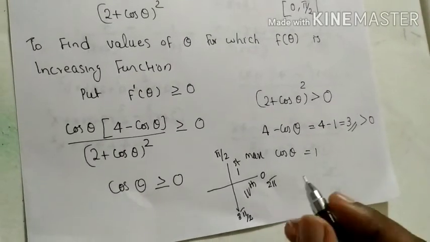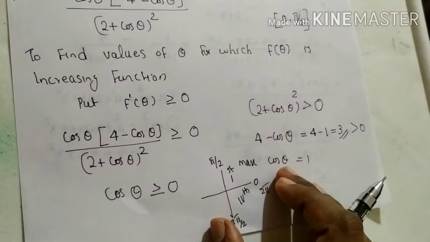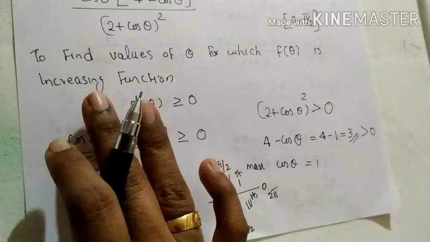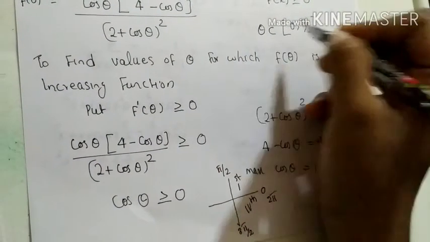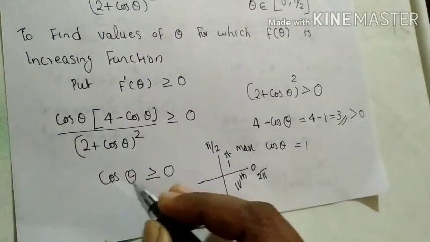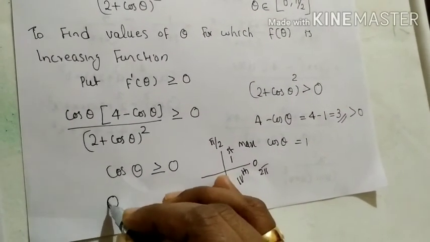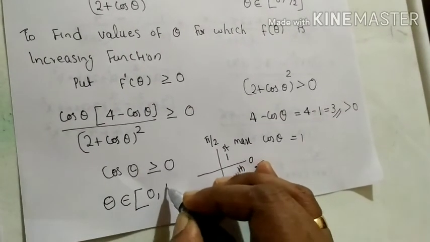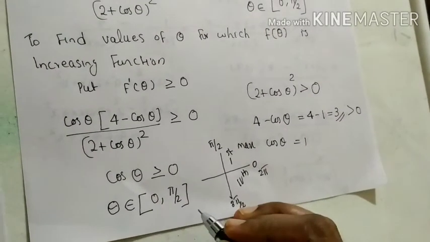But in this question, we need to check that our function is an increasing function only if theta lies between 0 and pi by 2. So from this we get that cos theta should be greater than or equal to 0 if theta is an element of the closed interval 0 to pi by 2, or first quadrant or fourth quadrant.